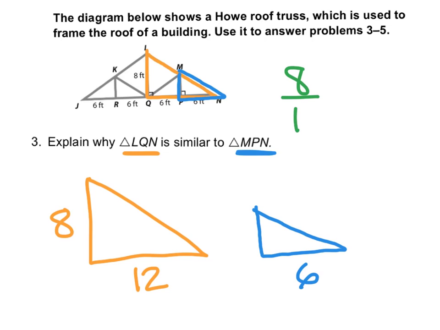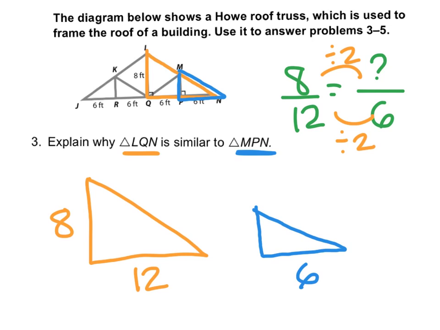So if I said the first triangle was 8 over 12, and I wanted to equal something over 6. Someone just said the scale factor is divide by 2. And then this one is divide by 2. 4. So the missing number is going to be 4. So it looks like my triangle shrank in half. And if that's really what happened, then I would say they're similar.